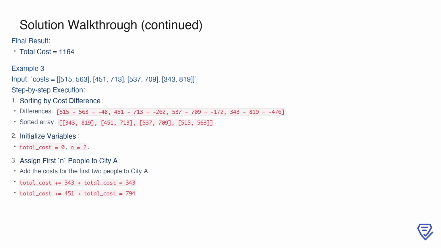Sorting the costs by these differences results in the array 343, 819, 451, 713, 537, 709, 515, 563.